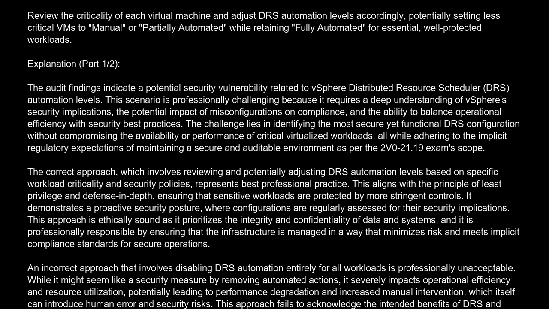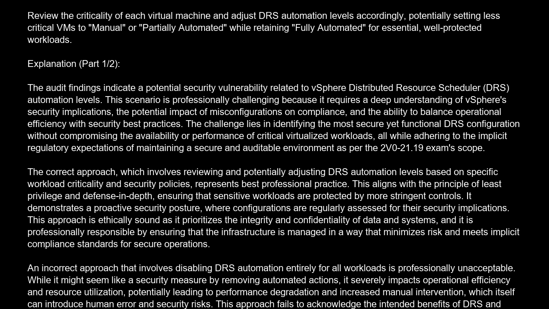The challenge lies in identifying the most secure yet functional DRS configuration without compromising the availability or performance of critical virtualized workloads, all while adhering to the implicit regulatory expectations of maintaining a secure and auditable environment as per the 2V0-21-19 exam scope.